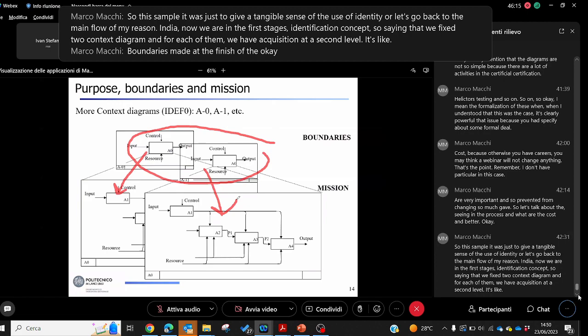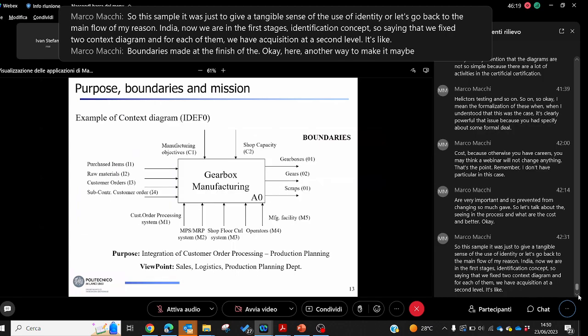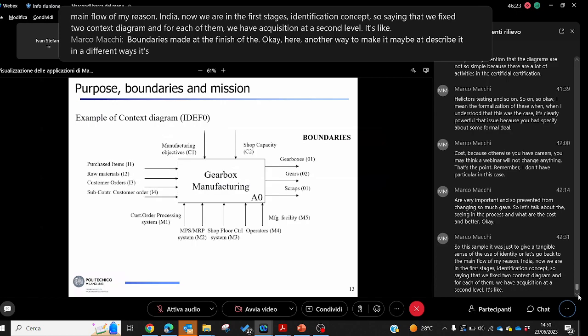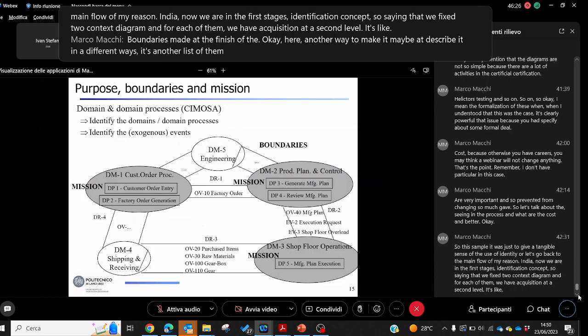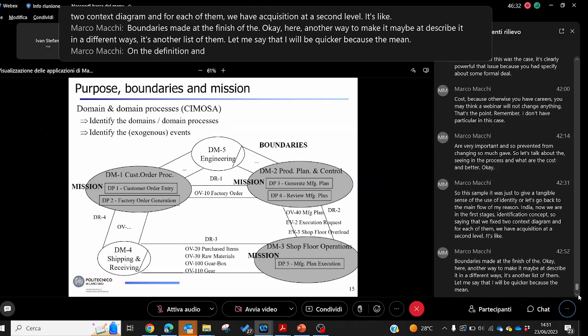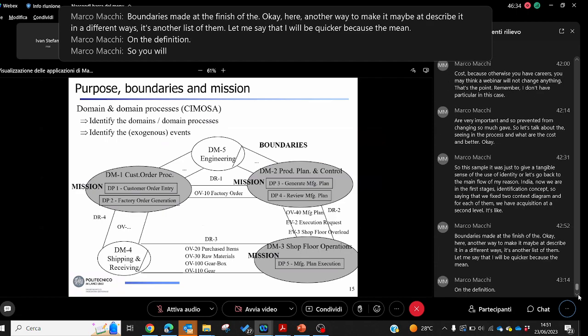Here is another way to describe it in a different way. It's another method. Let me say that I will be quicker because the meaning of boundary definition and so on was already discussed. So you will find the corresponding representation here, nothing new.